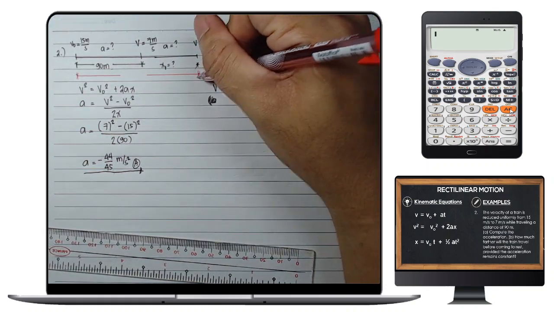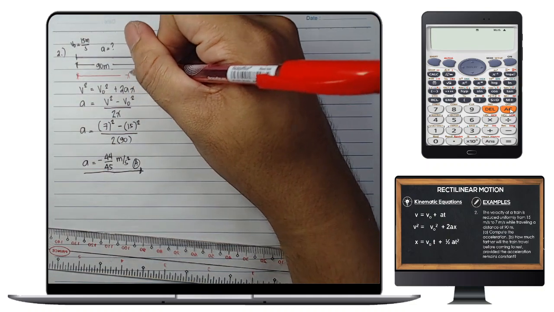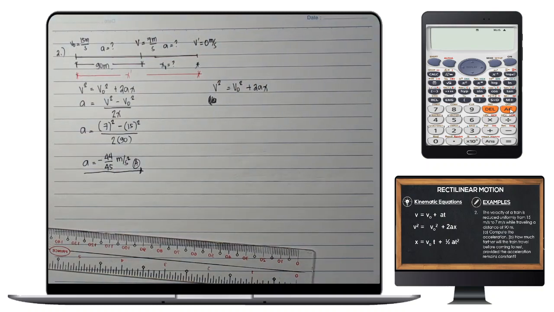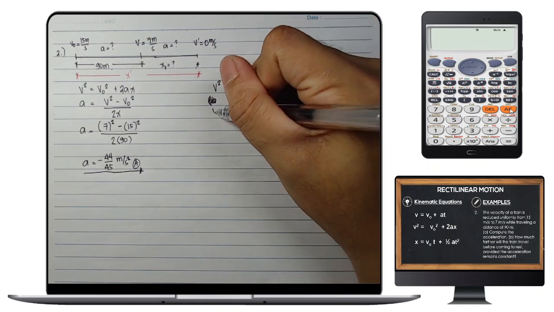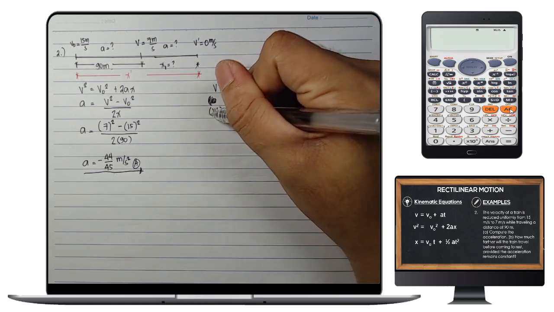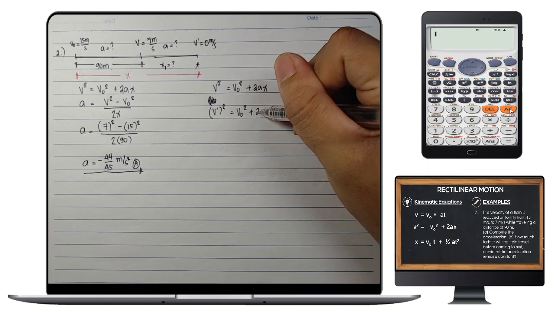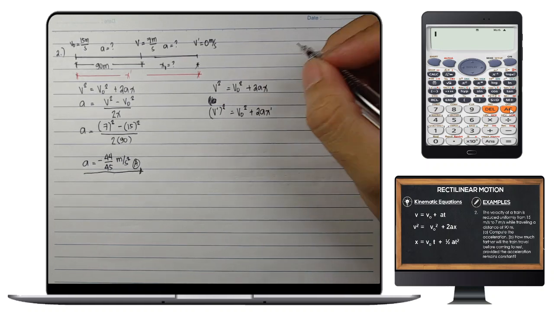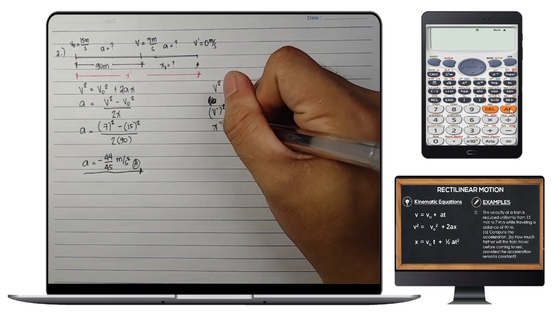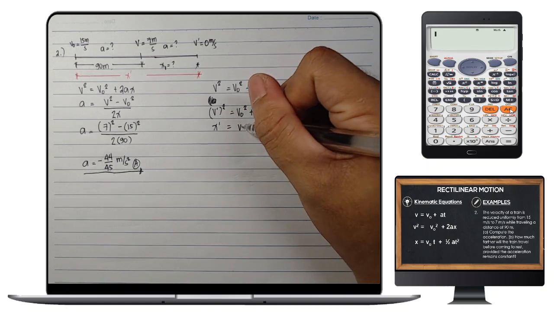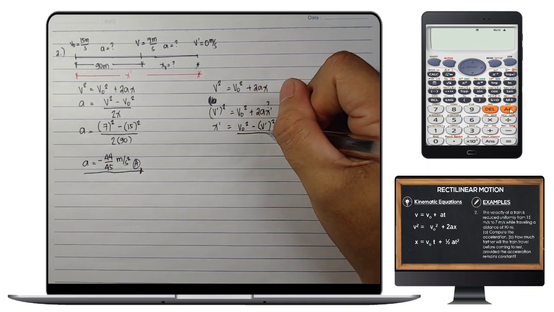So, this is the total distance from the initial velocity going to the final velocity. Let's save it as x prime. Therefore, we can modify this one: V prime squared is equal to VO squared plus 2a multiplied by x prime. And we are going to find the value of x prime here. So, x prime is equal to VO square minus V prime square divided by 2A.